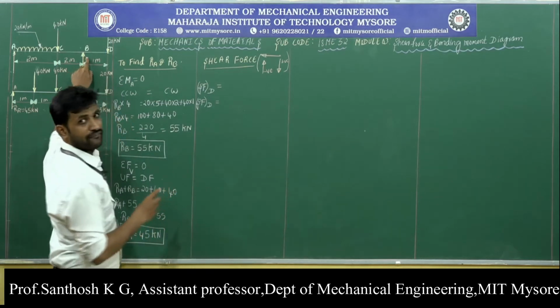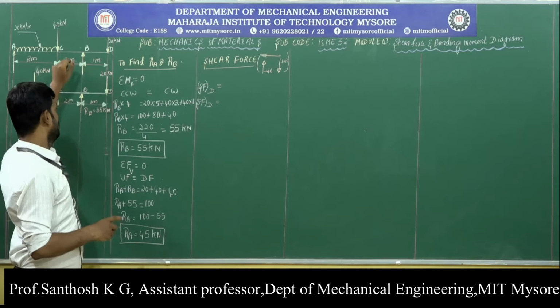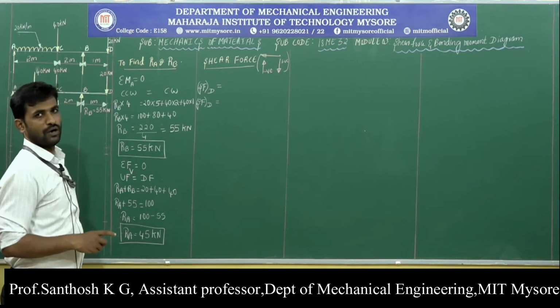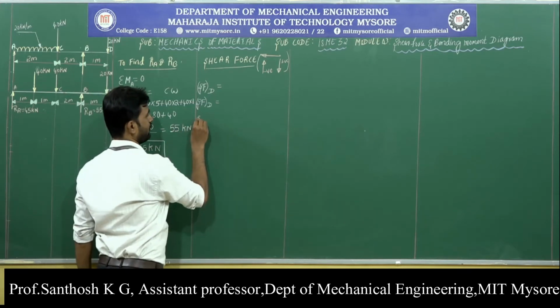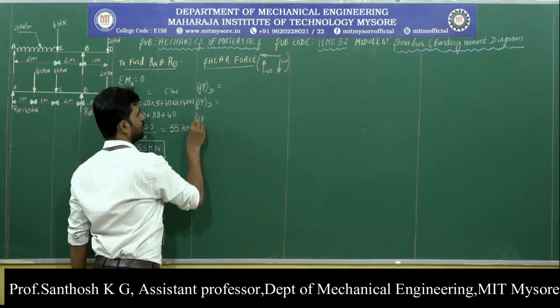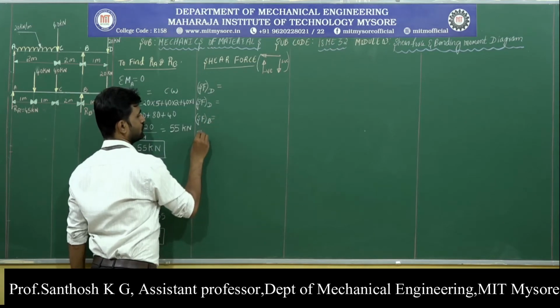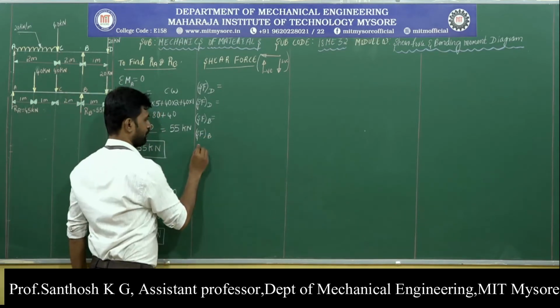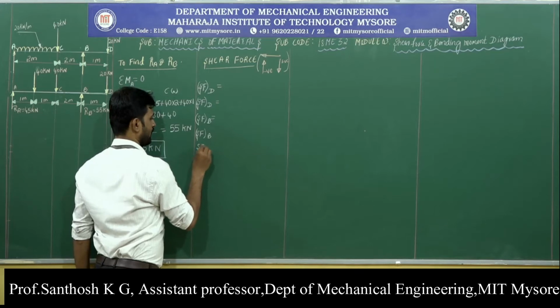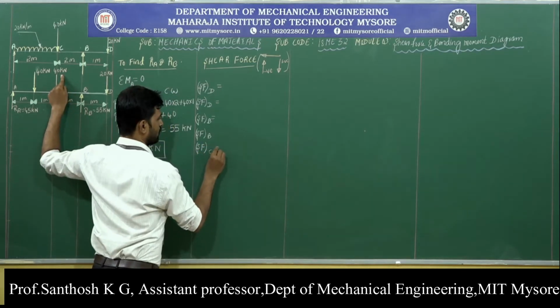The next point is B. At B we have a point load of magnitude 55 kilonewton. Since we have a point load at B, we will find two values of shear force at point B. The next point is C. At C we have a point load of magnitude 40 kilonewton.